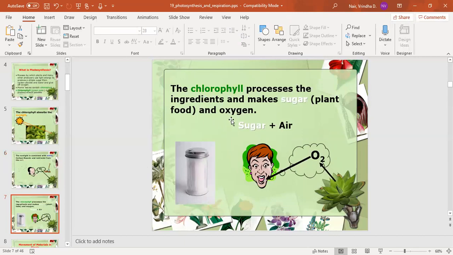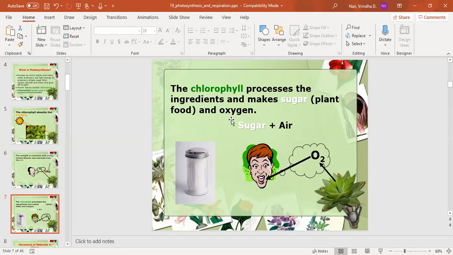The chlorophyll processes the ingredients and makes sugar and oxygen. So what does the chlorophyll do? It takes in sunlight, water, carbon dioxide and nutrients from the soil, and then it creates sugar.